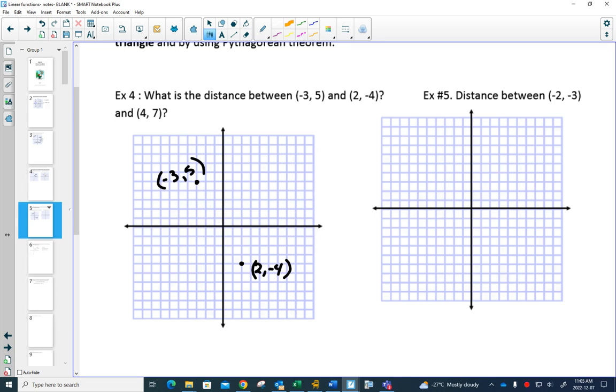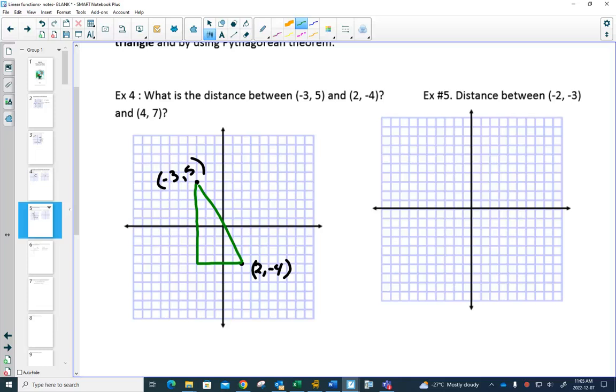Why? Because you can easily make a right-angled triangle between those 2 points. And what we're trying to find in that right-angled triangle is how long the hypotenuse is.